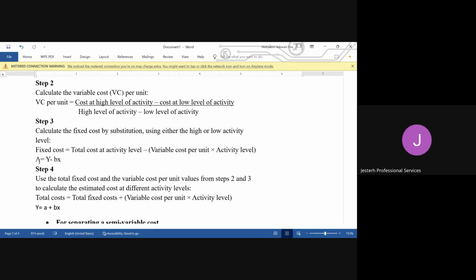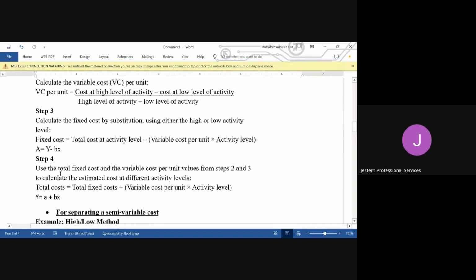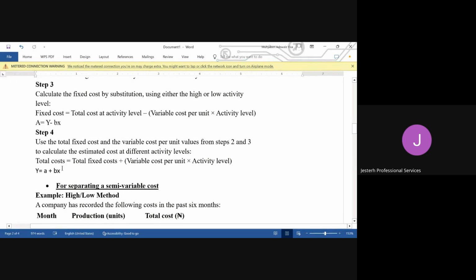For us to get the fixed cost, A is equal to Y minus B multiplied by X. Now, the last step is to use the total fixed cost and the variable cost per unit from step 2 and step 3 to calculate the estimated costs at different levels of activities.